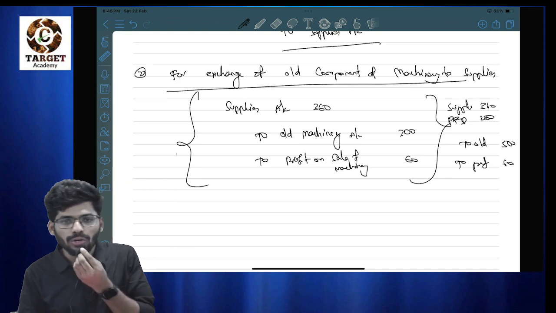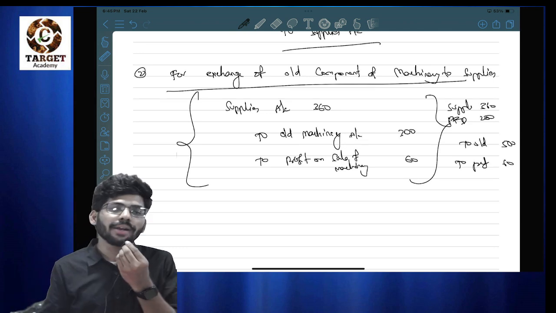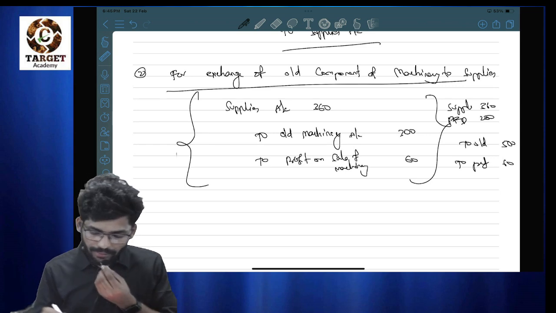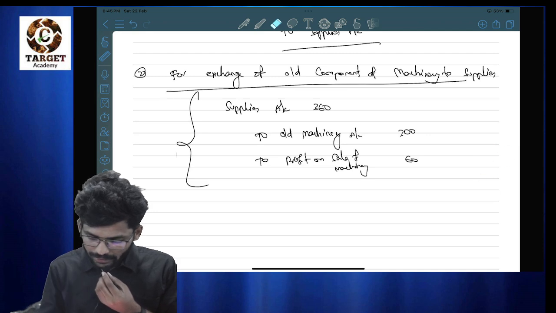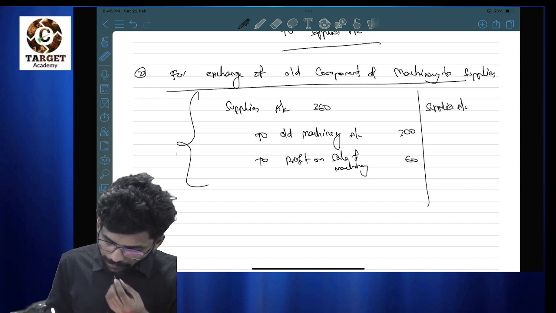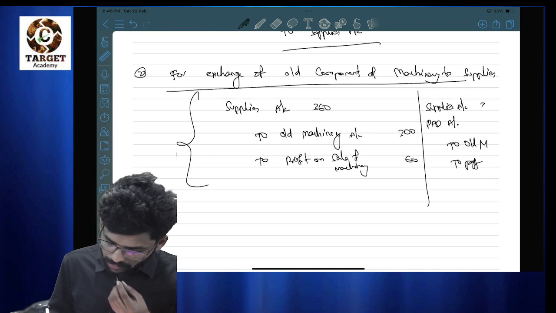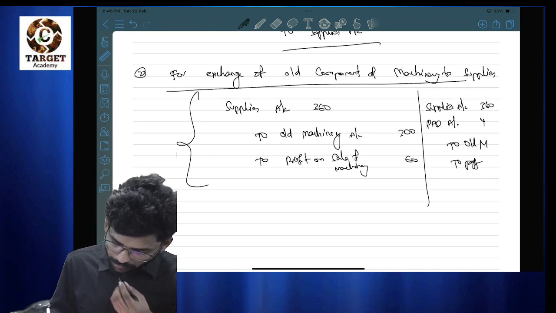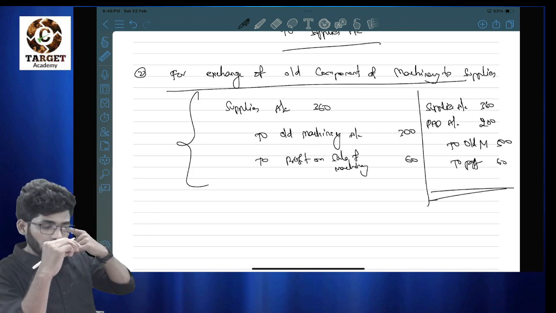The given question has original cost 500 and accumulated depreciation 200. Just for your understanding, I am writing here. Is that clear?